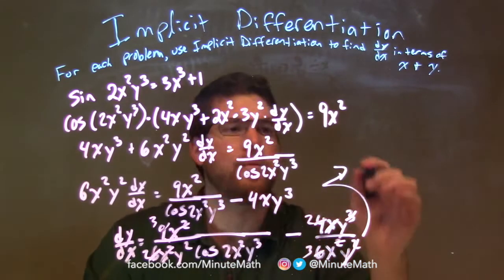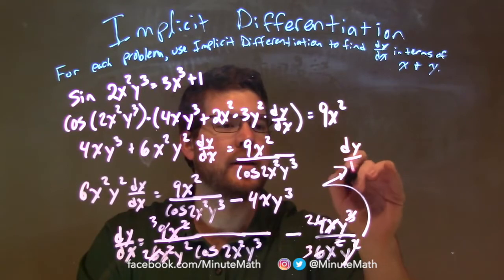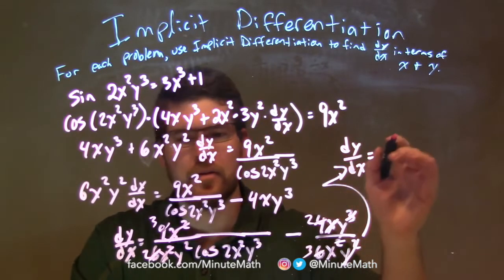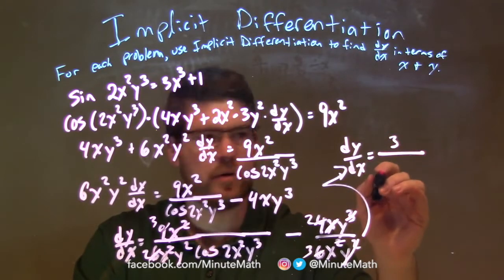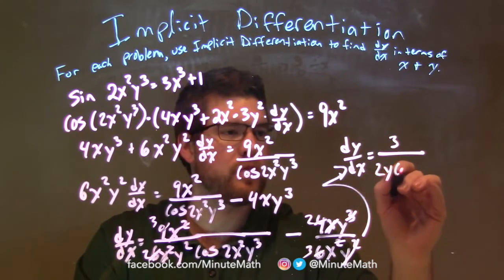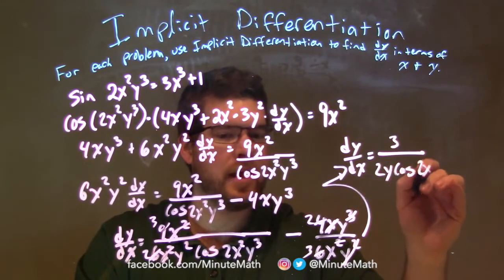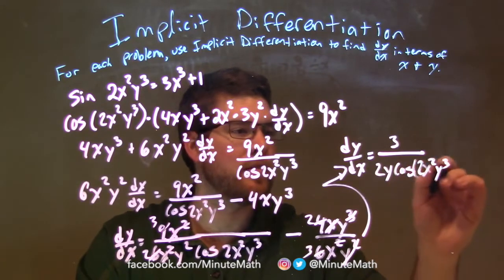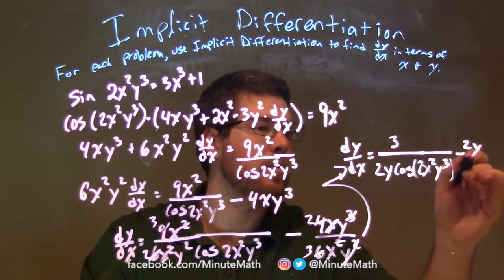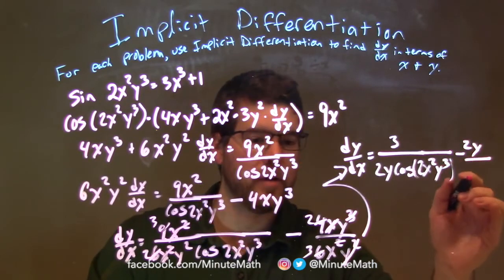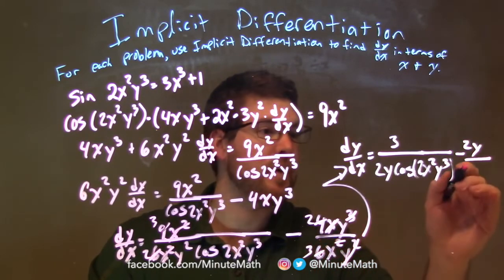Okay? So when I write my final answer, dy/dx is, well, we have 3 up top, 3 over 2y cosine of 2x squared y cubed, and that's the cosine of all of that. Minus, here 2y up top, 2y over, cut off there, we're just left with 3x.